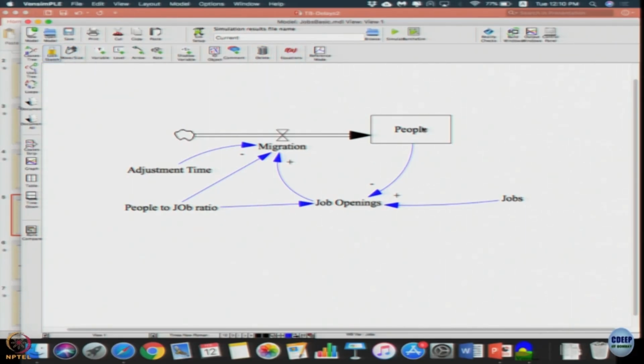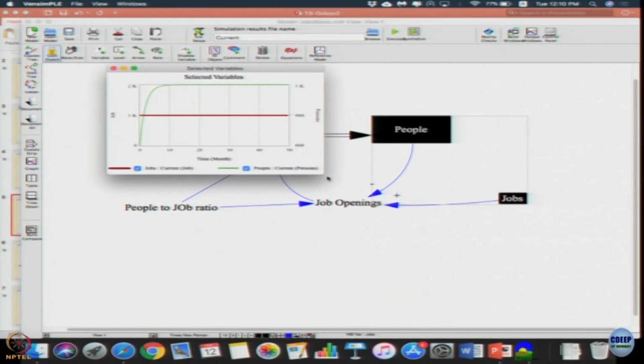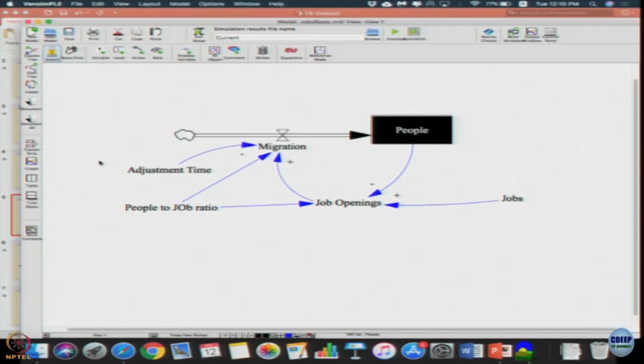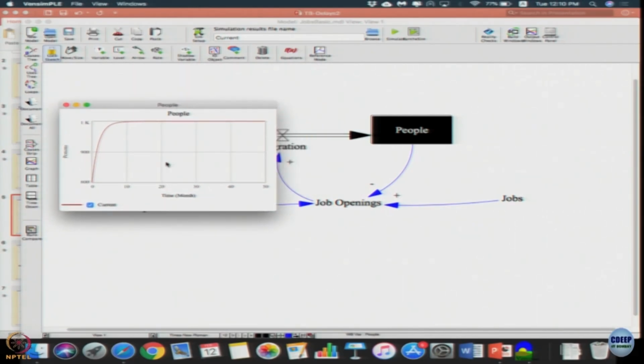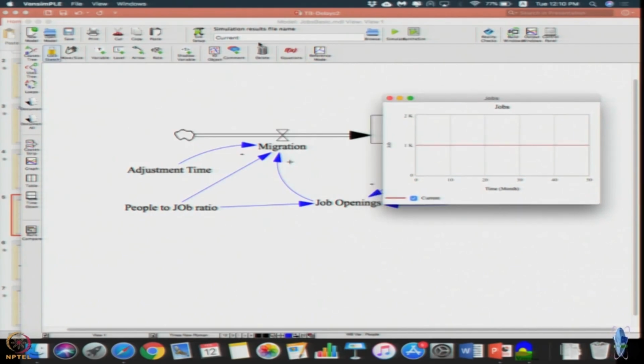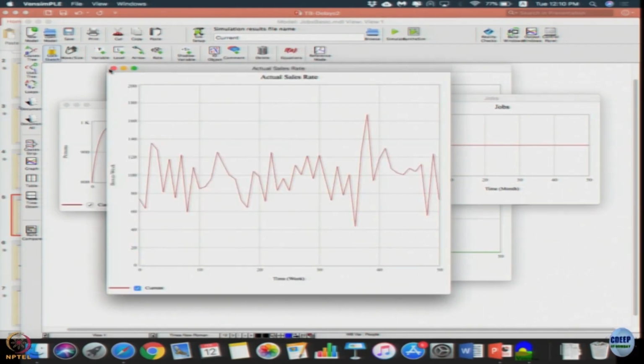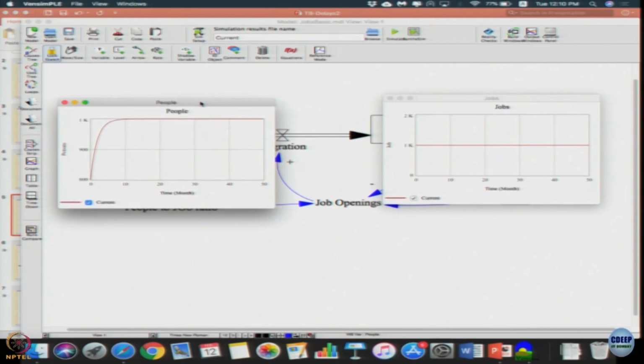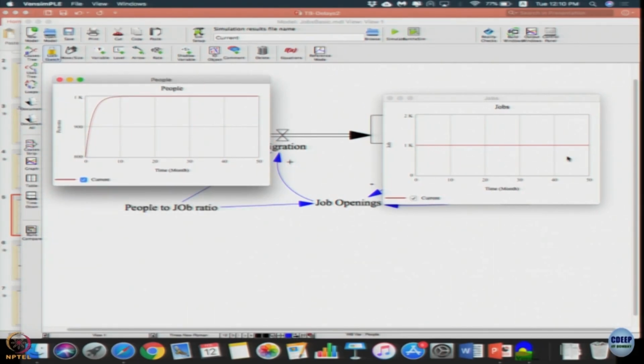Let me select people and jobs and make different graphs. Jobs remain constant at 1000. People migrate and go from 800 to 1000. Okay. So, this is a very simple model of a basic delay.